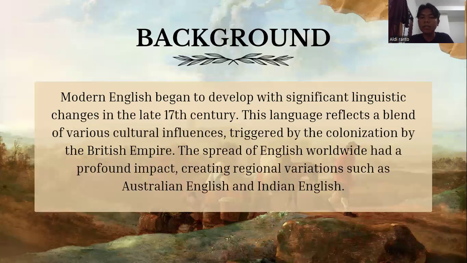Well, English start being used in the countries they visit, like Australia, India, and more countries else. So now there are many different ways to speak English, depend on where they come from.